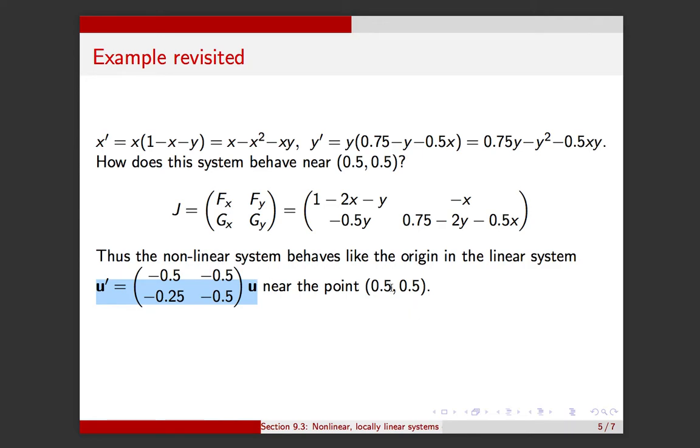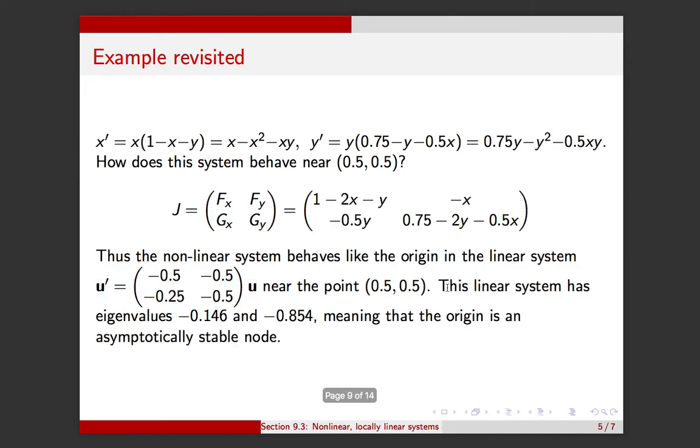So basically this half-half point is playing the role of the origin in that system there. So this linear system, we know how to analyze. We just get eigenvalues, and we use the eigenvalues to characterize things like stability. So that linear system has these eigenvalues. They're both real, distinct, and negative. So you can reference table 9.1.1 to learn that this is an asymptotically stable node.